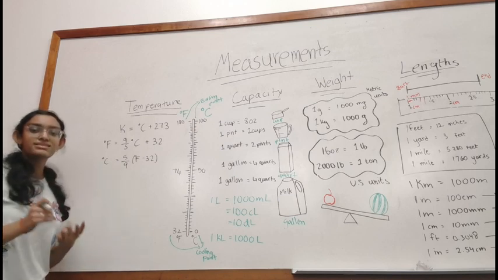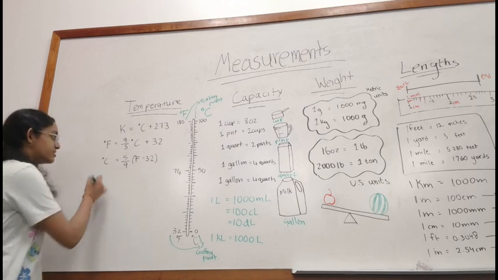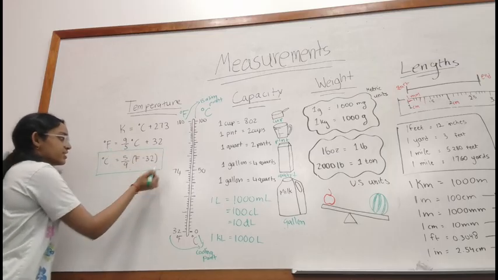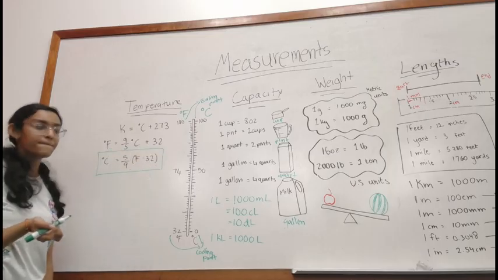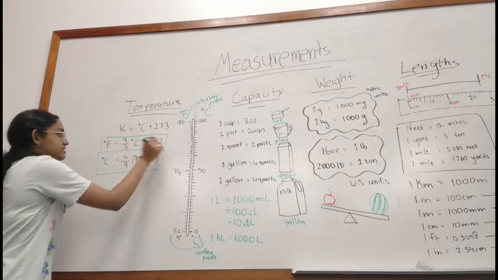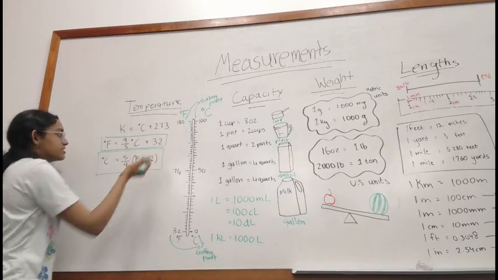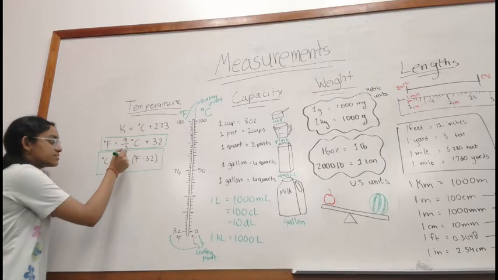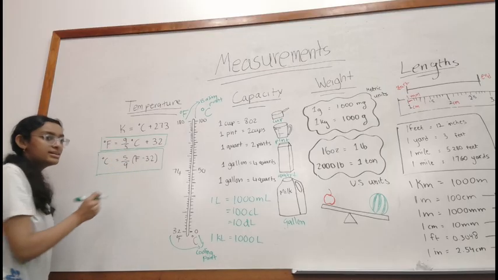Now, we did Celsius and Fahrenheit, and we know, okay, well, Celsius is 5 by 9 times Fahrenheit minus 32, right? And Fahrenheit is 9 by 5 degrees Celsius plus 32. And you can remember this by thinking of the reciprocal of the fraction.